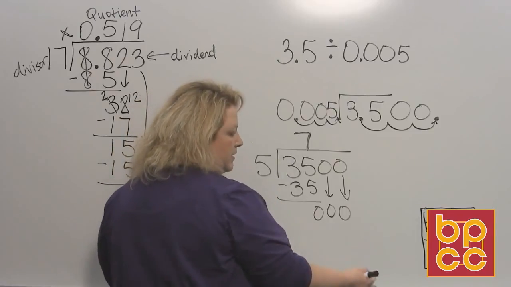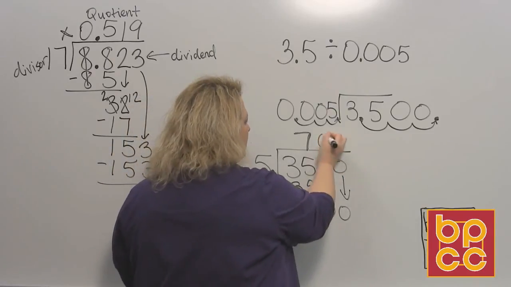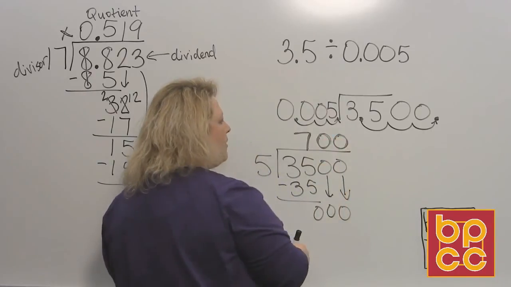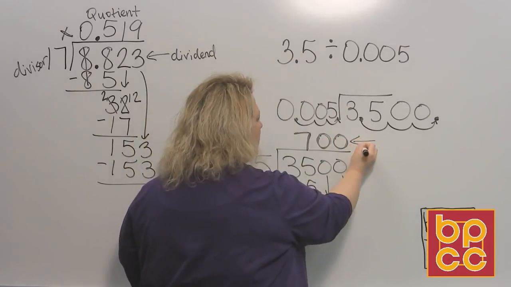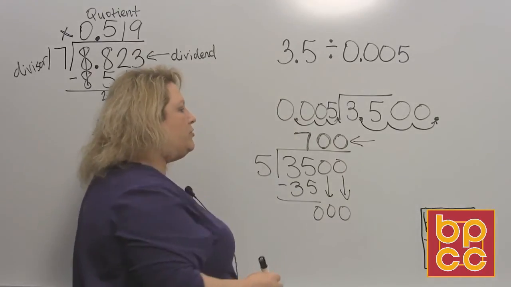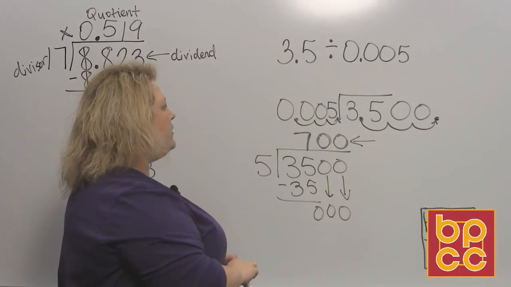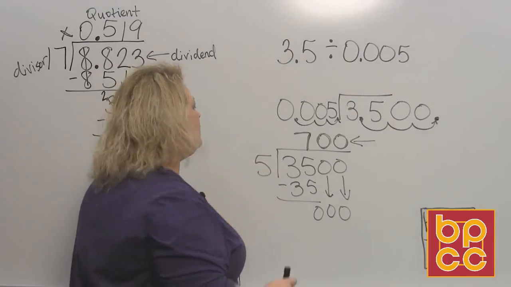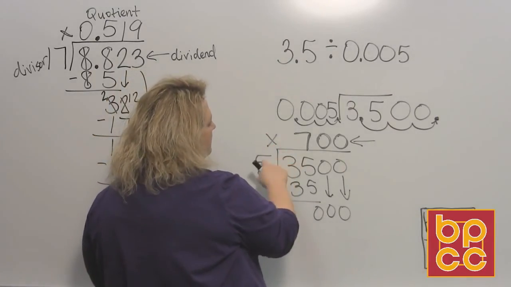5 divides into 0 0 times. So those zeros right now are just placeholders, but they make our number 700. So 700 is the quotient. It's the answer that we get when we do this division. And if you wanted to check yourself, you would do 700 times 5, okay?